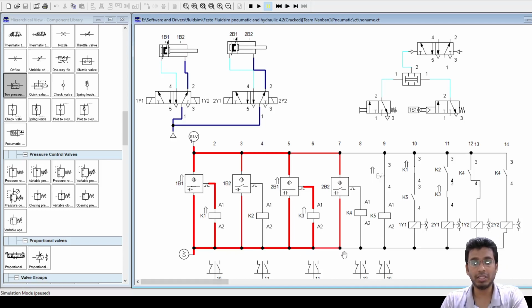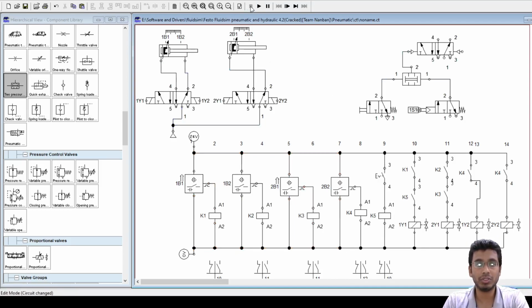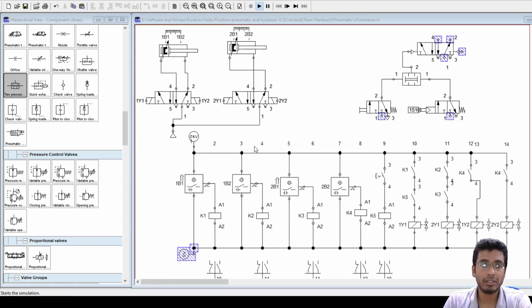Since I've copied the same circuit, I have to change all of this. Technically these are all getting superimposed. Fine, now I think it should work.